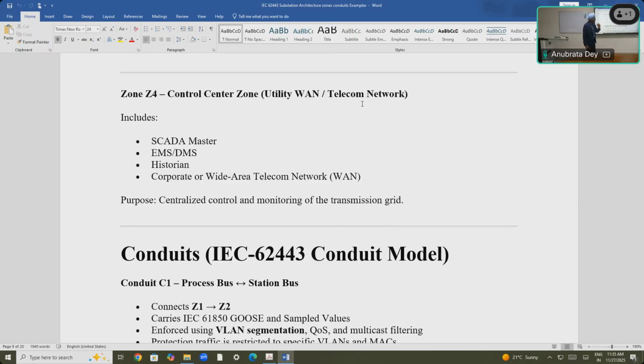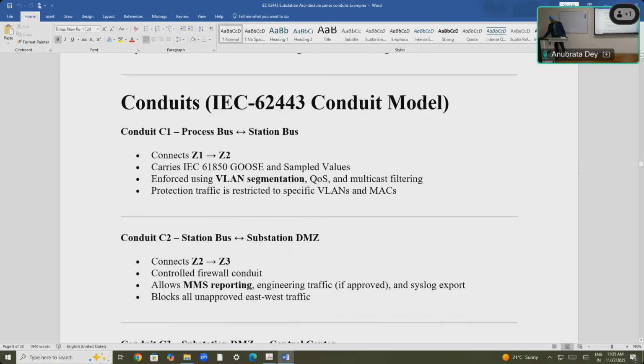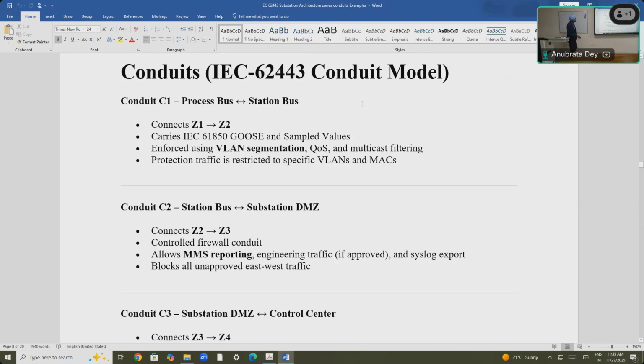And then there will be conduits between various zones. So conduit 1 is between zone 1 and 2, process bus and station bus. It's going to basically carry these types of messages, GOOSE messages and sampled values, and how do you enforce it? By using virtual LAN segmentation and multicast filtering.